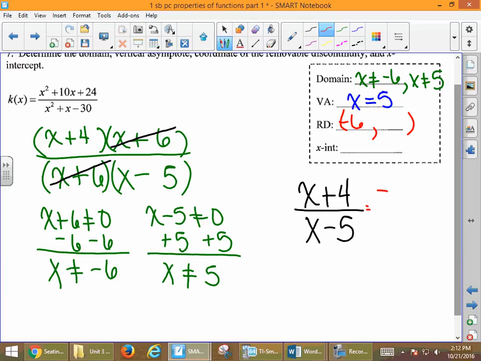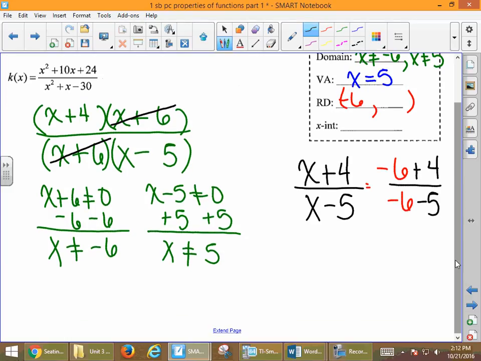So this is going to be negative 6 plus 4, and it's going to be negative 6 minus 5. Negative 6 plus 4 is negative 2. And negative 6 minus 5 is negative 11. And negative 2 divided by negative 11 is positive 2/11.